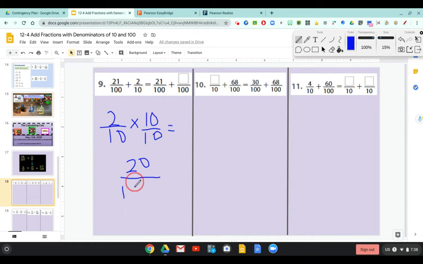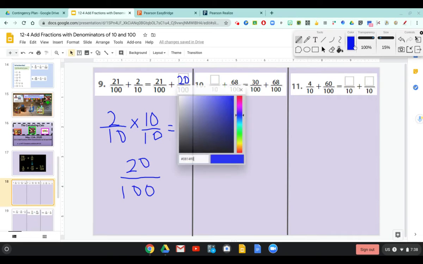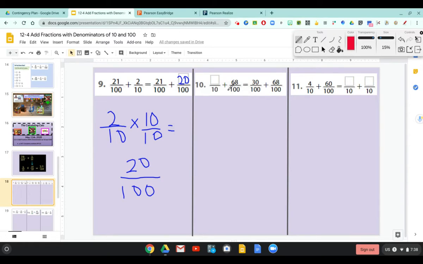So here, instead of 2 tenths, up here, I'm going to write that as 20 hundredths. And then to add them both together, I would add the numerators. 21 plus 20 gives me 41 over 100.